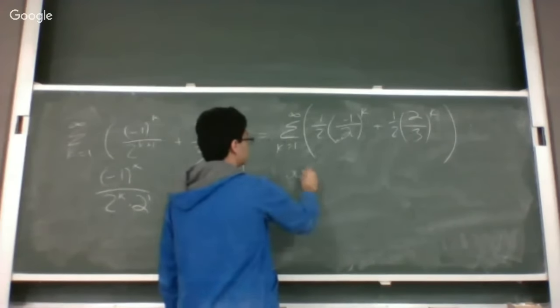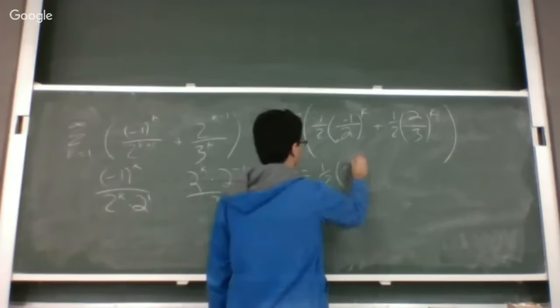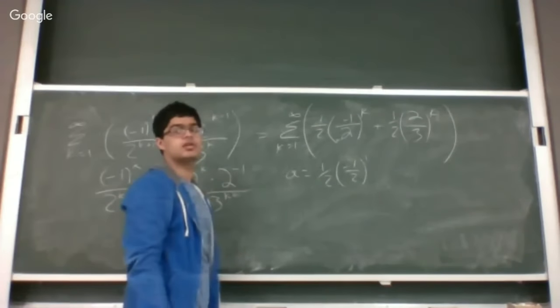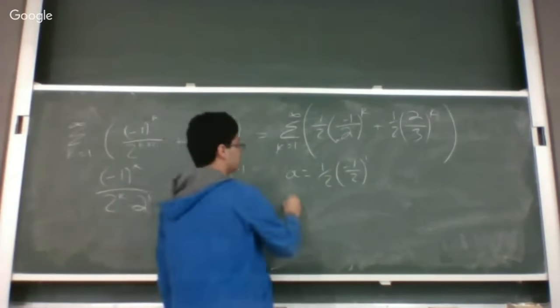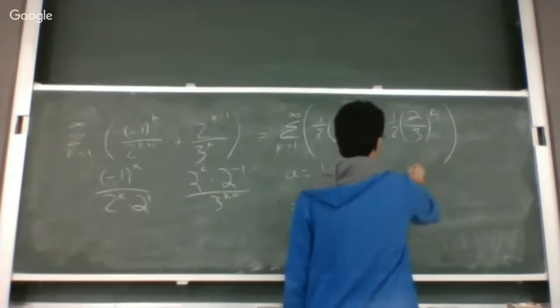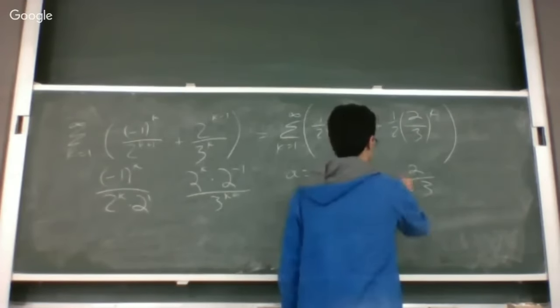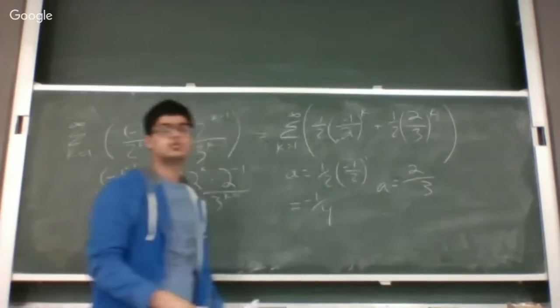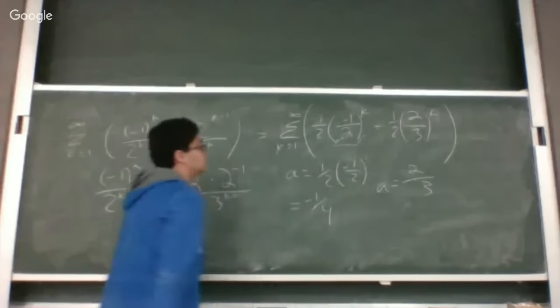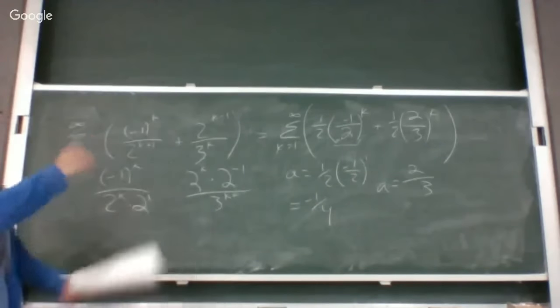Your A would be 1/2 times negative 1 over 2 to the first power. So this is equal to negative 1/4. For here, if we plug in a 1, we get 2/3. So this is equal to your A. And then your R value will always be what's in the exponent parentheses.